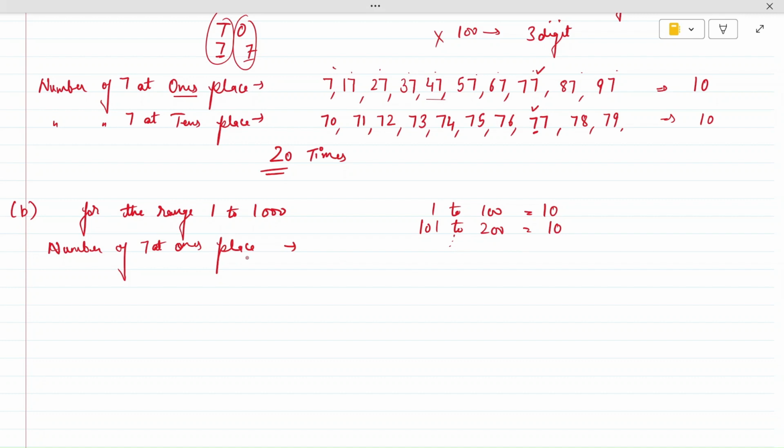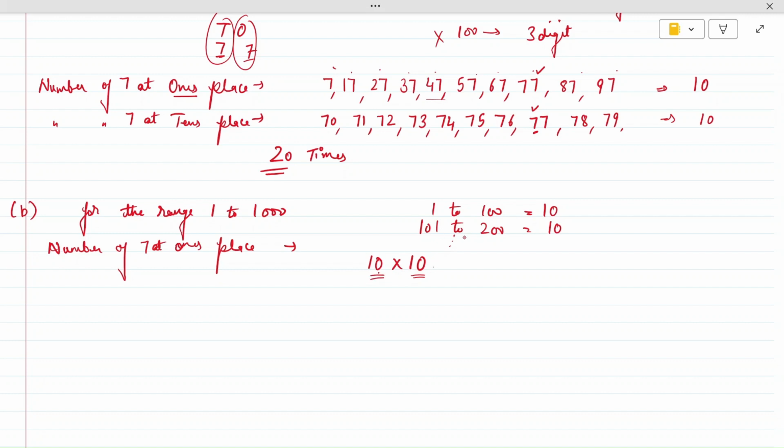So I can directly write here that we will have 7 10 into 10 times, because we have 10 such series: 1 to 100, 101 to 200, 201 to 300, so on till 1000. We have 10 such series, and in every series this 7 is coming 10 times.